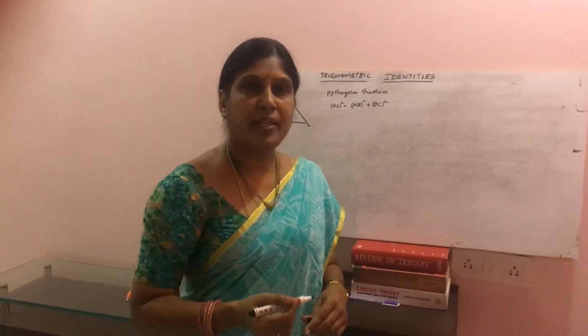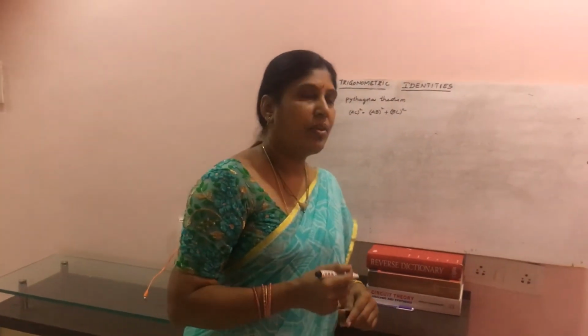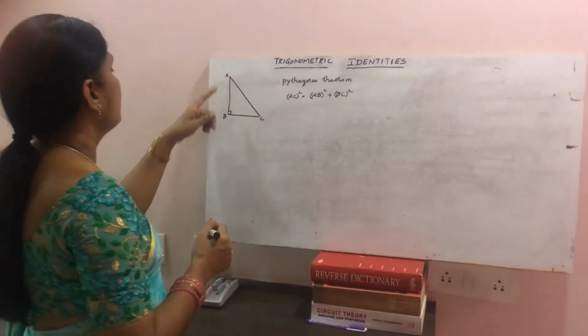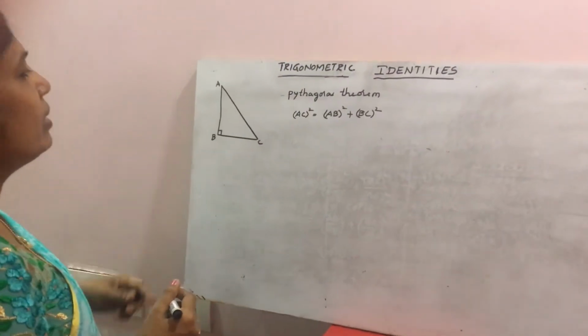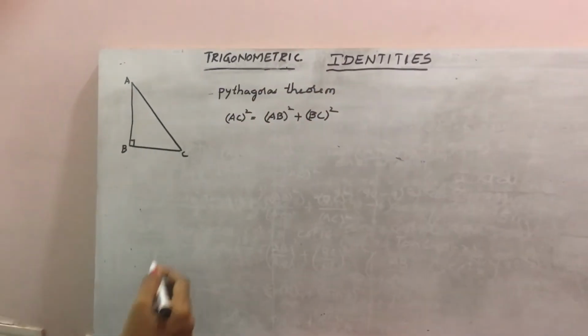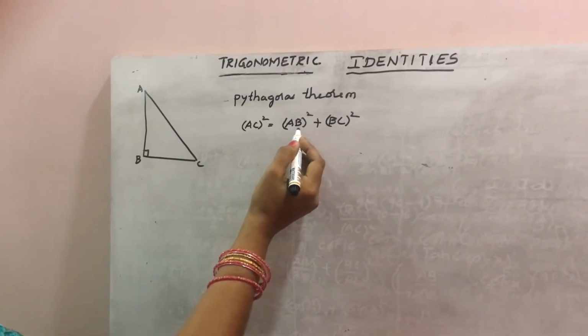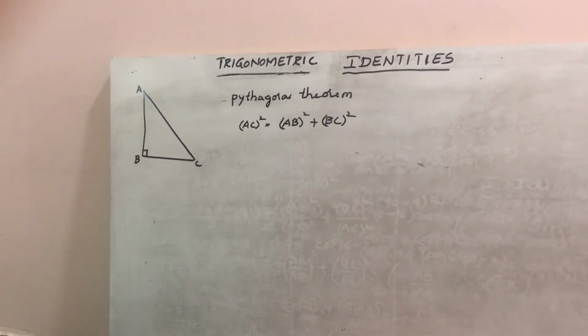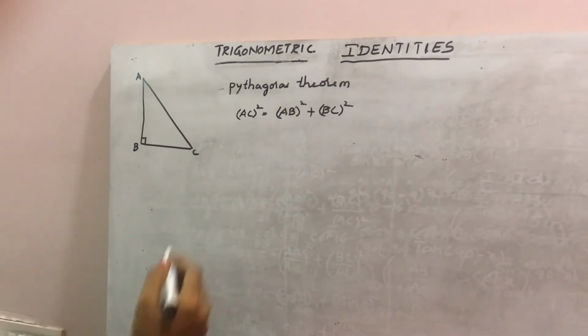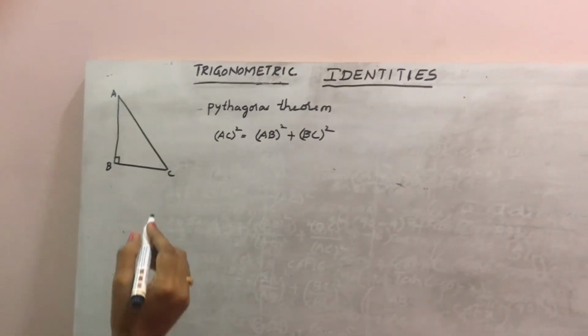See one more identity of trigonometry. For this also, we are considering one right angle triangle. By the Pythagoras theorem, we can write AC square is equal to AB square plus BC square. Now I am dividing this equation by AB square.